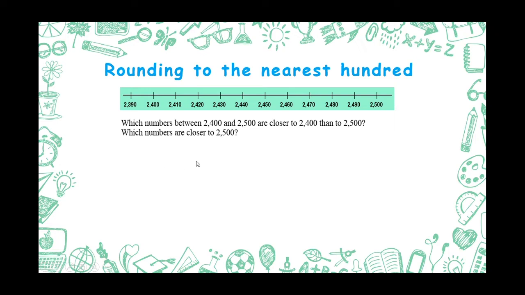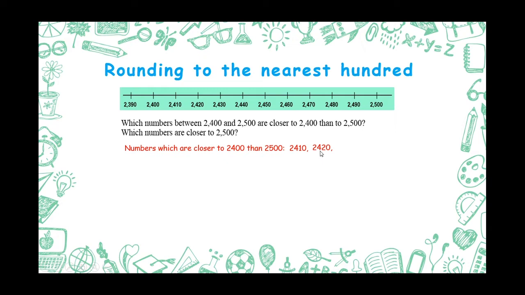Okay, so we're going to do this the same as last time. Which numbers are closer to 2,400? 2,400 here. Can you tell me the first one? Very good, 2,410. And what about the next one?